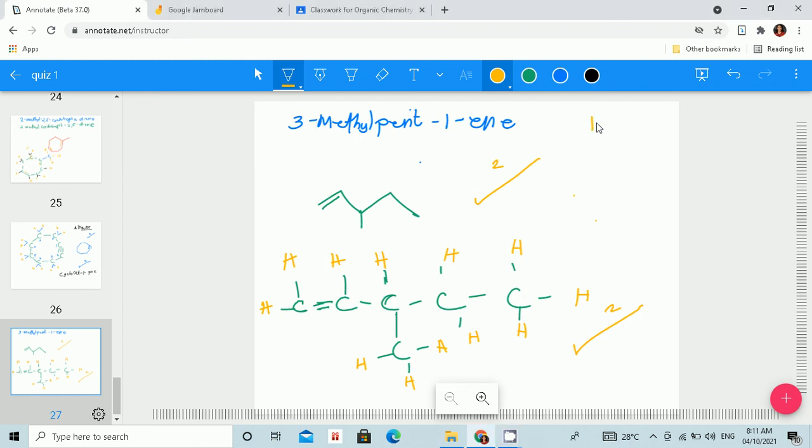When writing it in an IUPAC name, we will use ine. If we have a double bond, we use ene because it's an alkene, and when it's a single bond, we use ane. It's an alkane.